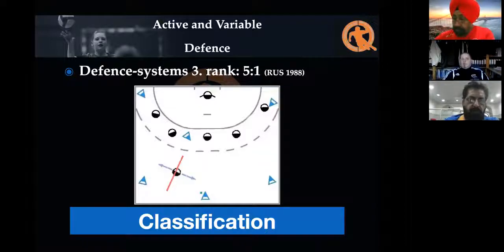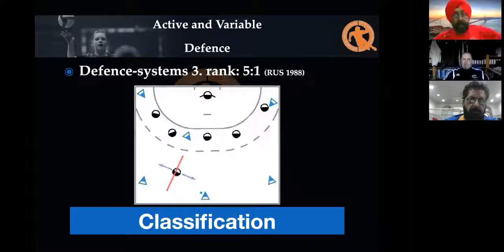That's very effective for the defense because this normally is the playmaker, the brain of the team, and very often in left back position you have a strong shooter.